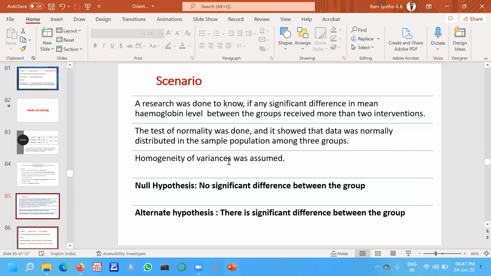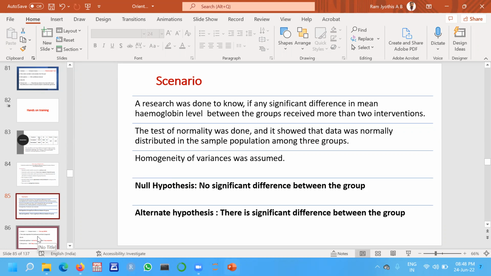The test of normality was done, and it showed that the data was normally distributed in 3 groups. The homogeneity of variances was assumed. The null hypothesis is there is no significant difference between the groups, and the alternative hypothesis is there is a significant difference between the groups. So this is the study scenario.